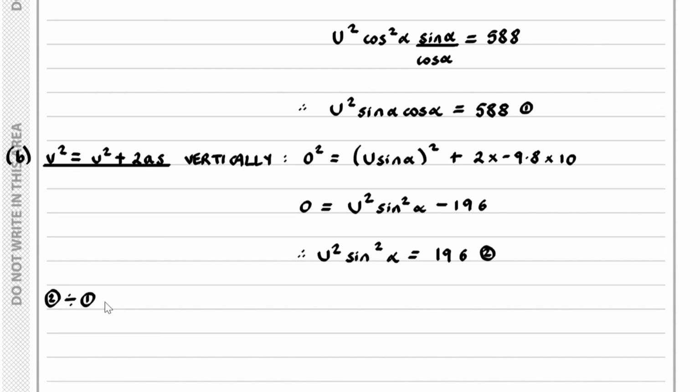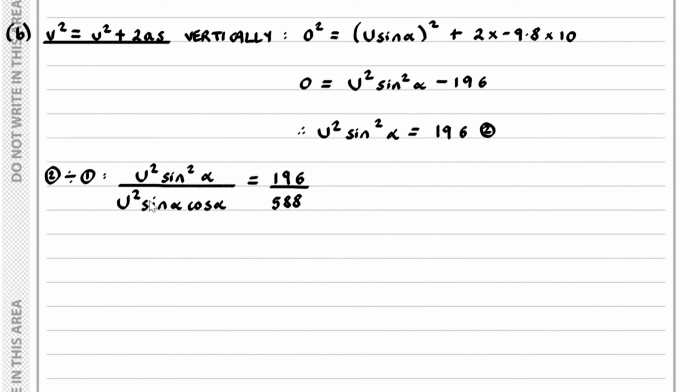And so therefore, we can do equation 2 divided by equation 1, and doing that, we have u squared times sine squared alpha divided by u squared sine alpha cos alpha, that's equal to 196 divided by 588.